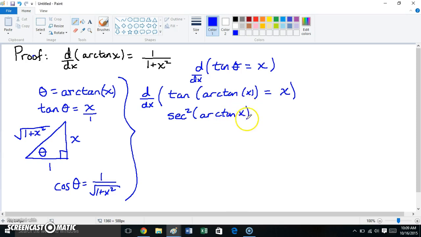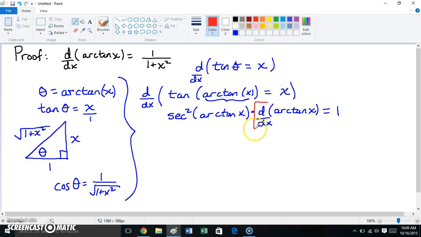of arctan of x. Since the inner function is not a simple x, we must multiply by its derivative according to the chain rule. So I'm going to put here the factor of the derivative of arctan of x with respect to x. And on the right-hand side, the derivative of x is 1.